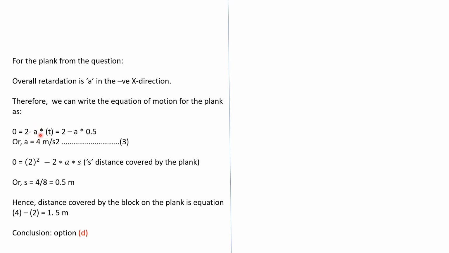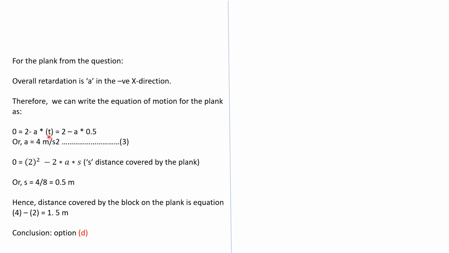Minus sign has come because A is acting opposite to the direction of the velocity. t is given as 0.5 seconds because in the question it is given that the plank is stopping in 0.5 seconds. So we are utilizing that 0.5, and initial velocity 2 was given. So A from here we could get as 4 meter per second square.